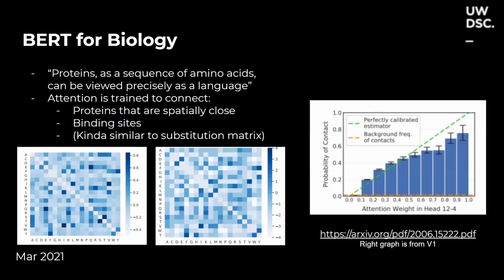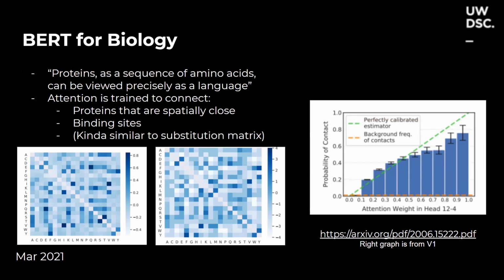I'll just start. This is a pretty interesting paper about BERT used in a biological context. If you don't know much about biology, all proteins are actually made up of a sequence of amino acids, and it can be viewed as a language.